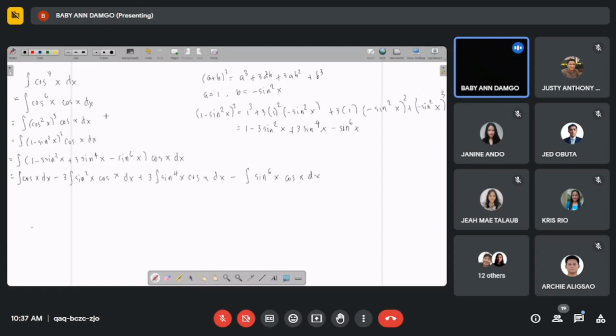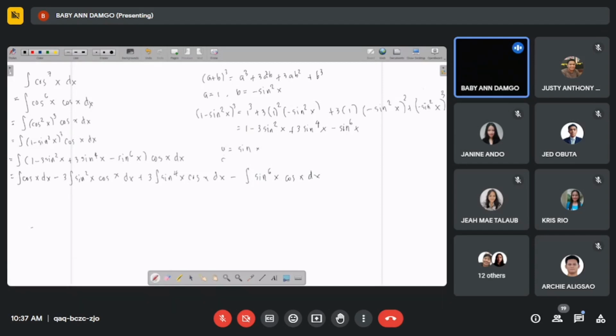Okay, now we can apply the power rule for integration. So apply first the substitution, and then apply the power rule. We let u be equal to sine x.